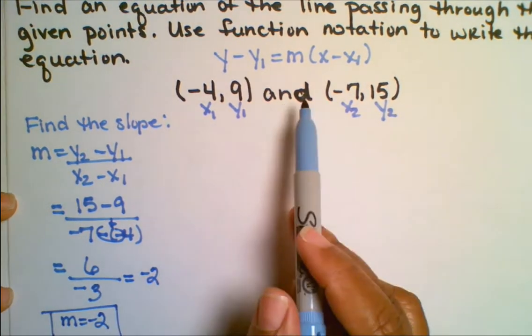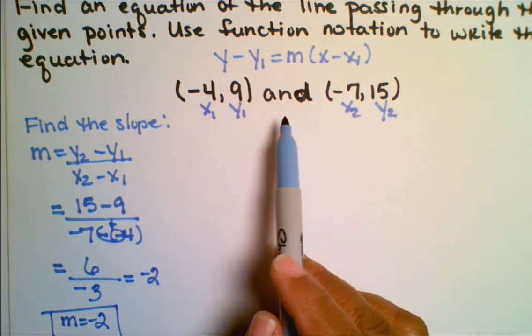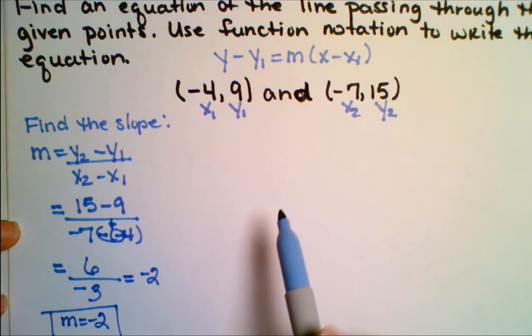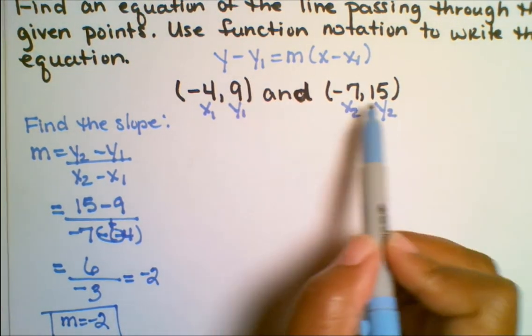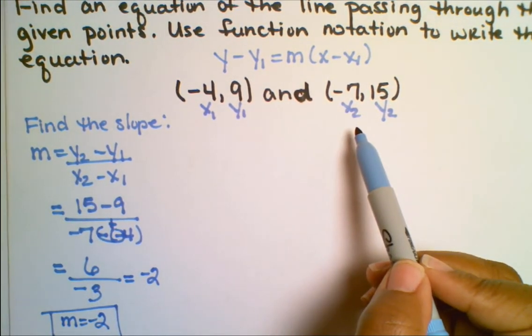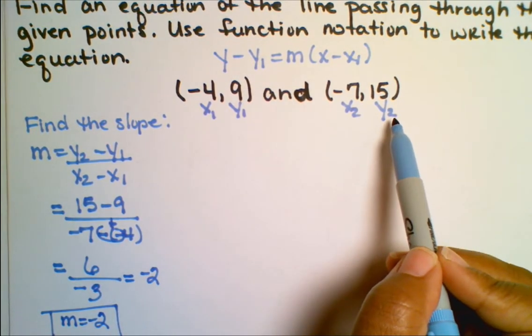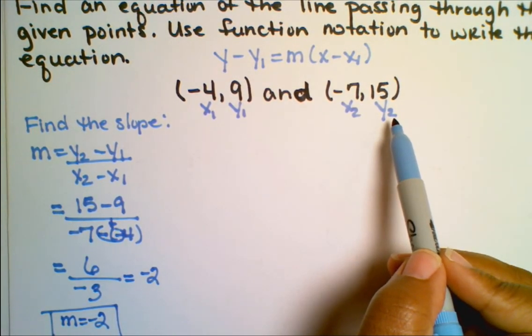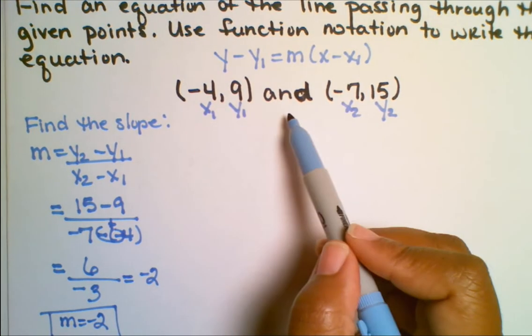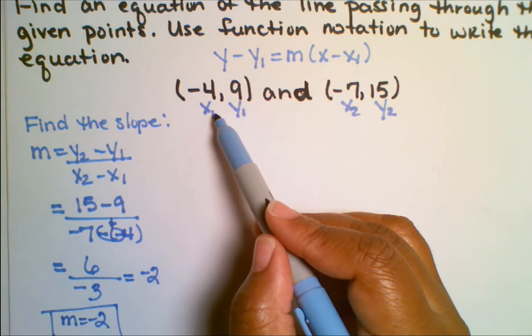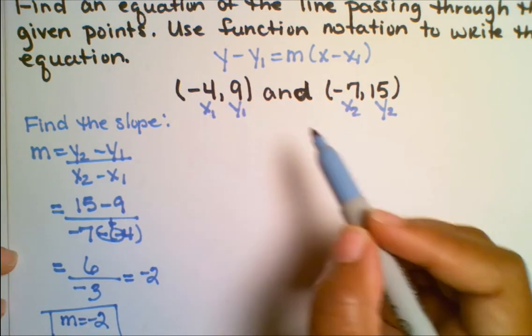So now we have all of the information that we need to write this equation. Let's use the point slope formula, and the set of points that we use doesn't matter. You can use the first set or the second set; you will still yield the same answer. Just to keep in line with the formula, we'll use the first set of points, negative 4, 9, and our slope.